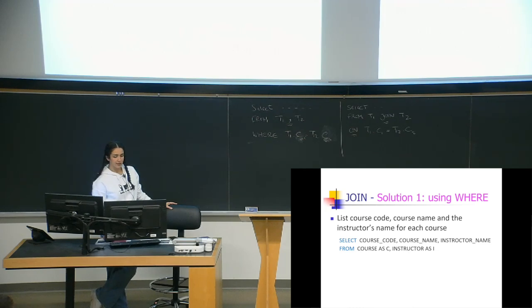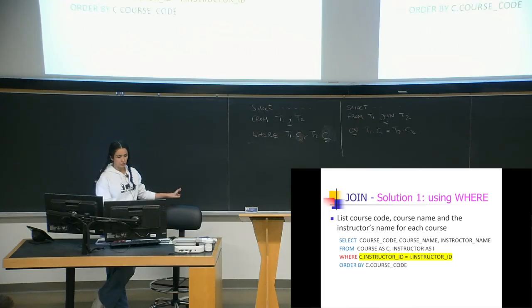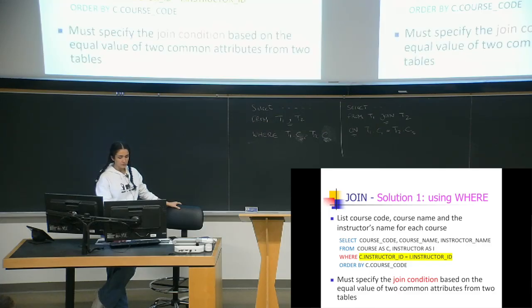For example, course as C, instructors as I, where C.instructor_ID is equal to I.instructor_ID. Now these two tables are joined through the link of foreign key, right? Because instructor ID is a foreign key in the course table. So this was one way to join two tables.